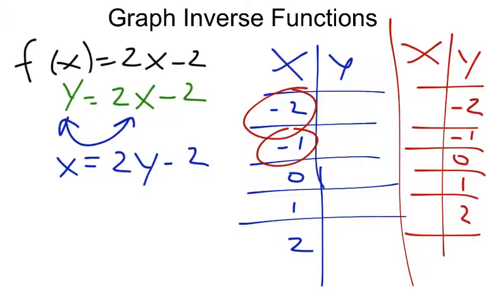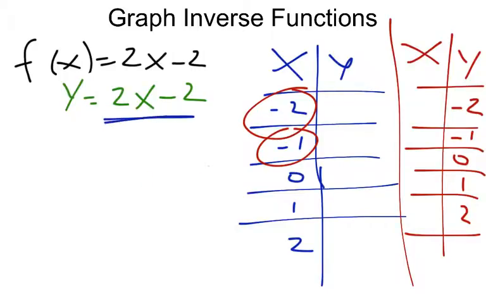We're making a table of values for my function, and my function is f of x equals 2x minus 2. I replace the f of x by y, so you don't get confused with the notation. Now, when x is -2, it's 2 times -2, that's -4, minus 2 gives you -6. When x is -1, it's -1 times 2, -2, minus 2, -4.